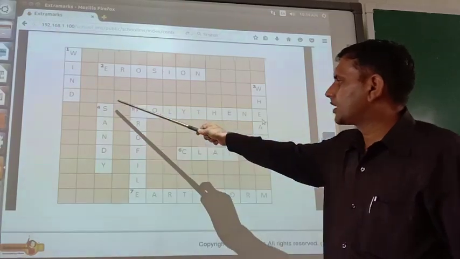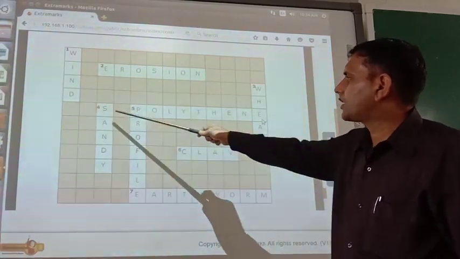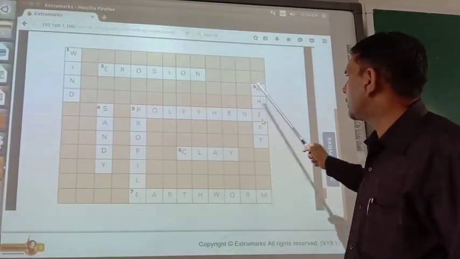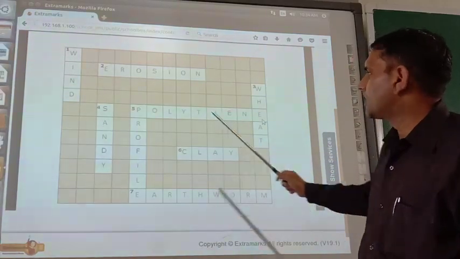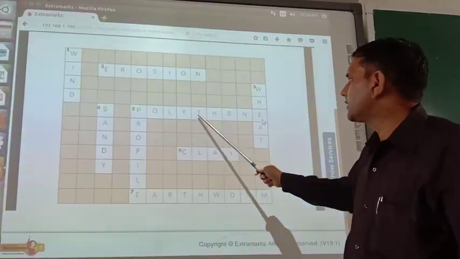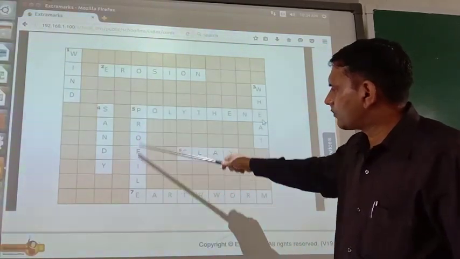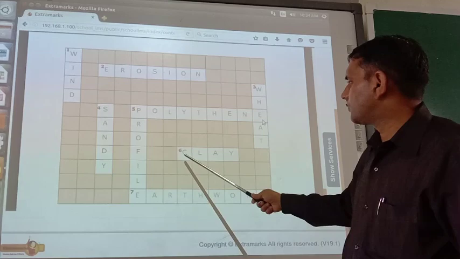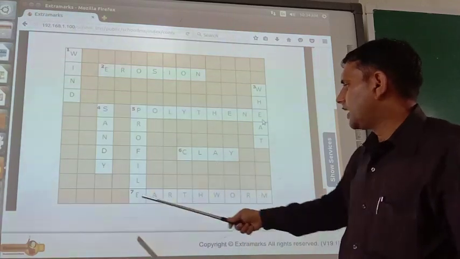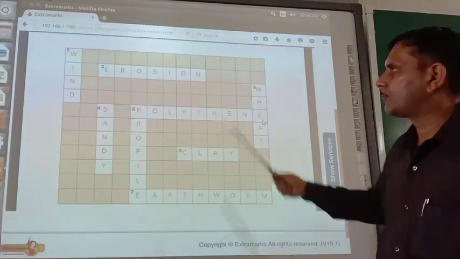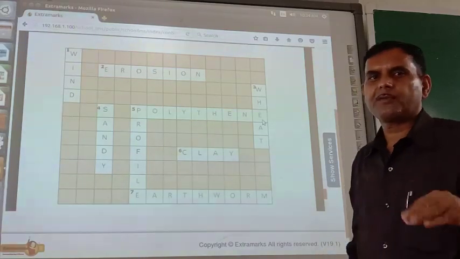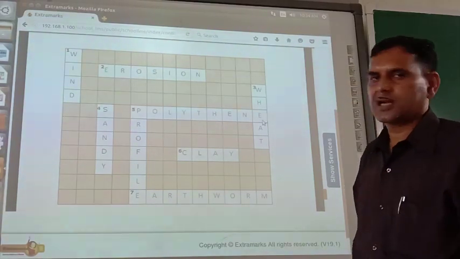Here what is there? Sandy. That is the fourth one. Now third one is wheat. Now fifth one is polythene and soil profile. Then sixth one, that is across, clay, and seventh one is earthworm. So in this way you can fill the crossword puzzle also.